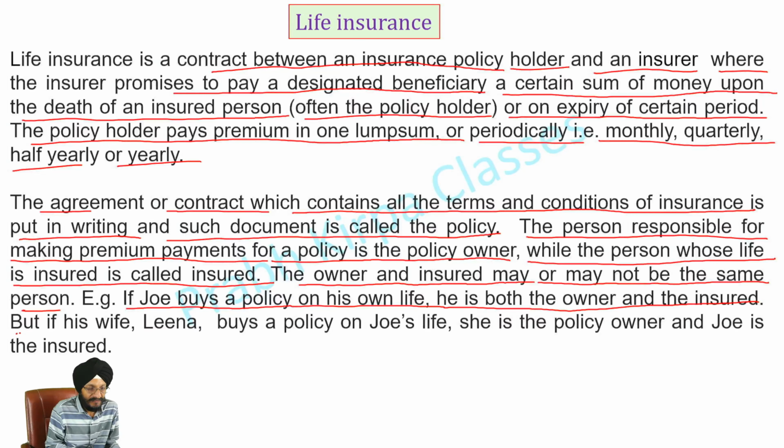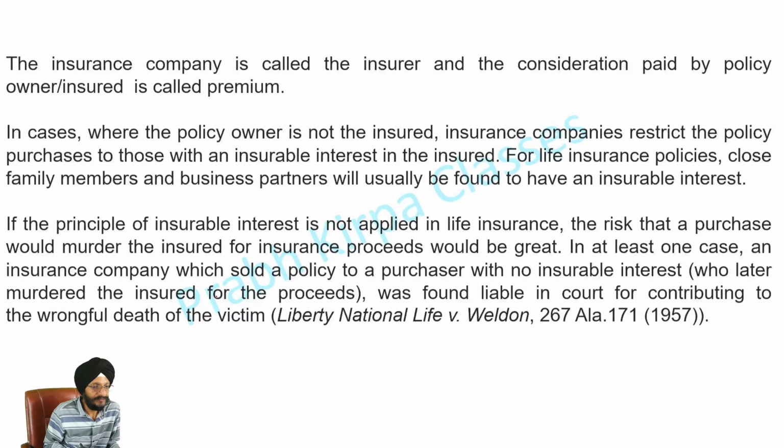But if his wife Lena buys a policy on Joy's life, she is the policy owner and Joy is the insured. The insurance company is called the insurer, and the consideration paid by the policy owner or insured is called premium.